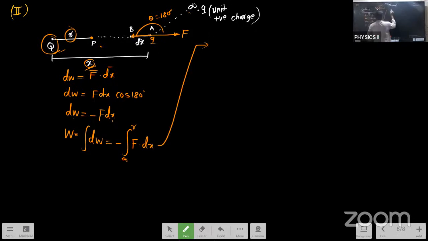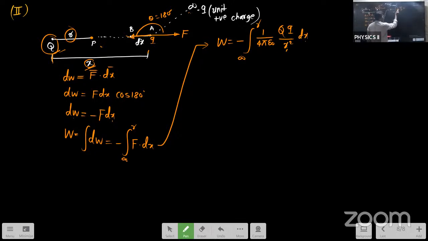See here. W is equal to minus integration from infinity to R. And what is the formula for the force acting between two charges? It is 1 by 4 pi epsilon naught, Q into q divided by x square, into dx.